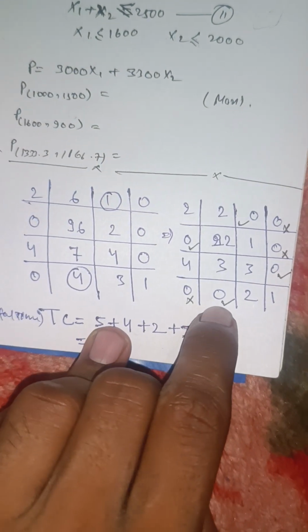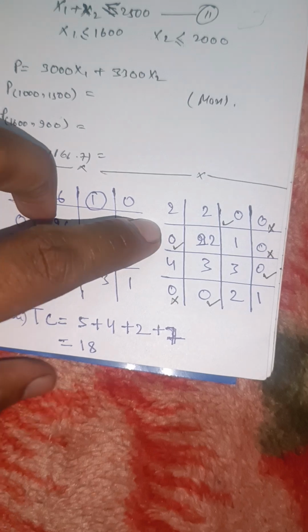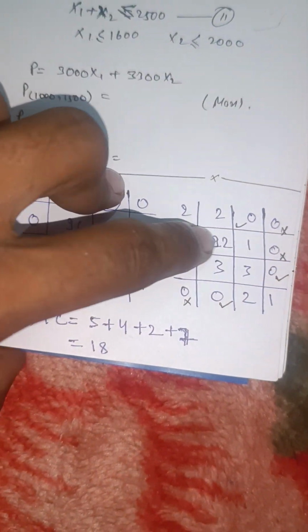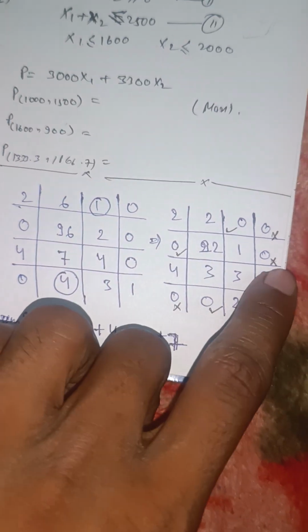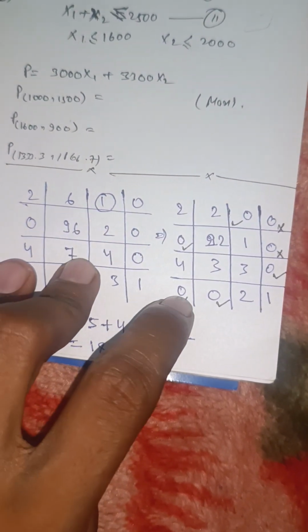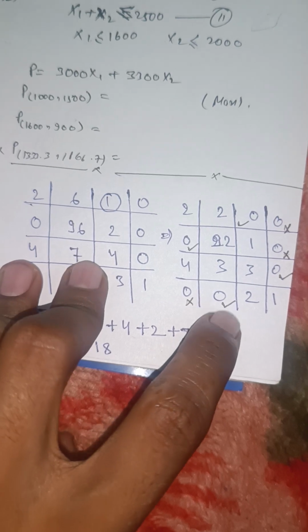We can select now this one, because if we have selected this one, then we have to cancel this 0, this one, and in this line all other zeros must be cancelled. Okay, we have selected this one now, then we have to cancel this, and this one is the only one left.